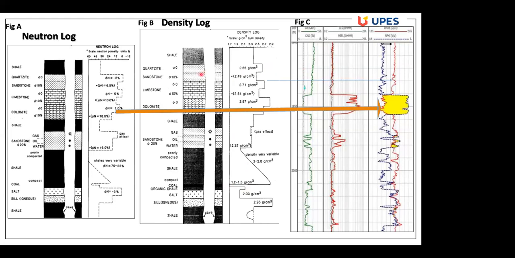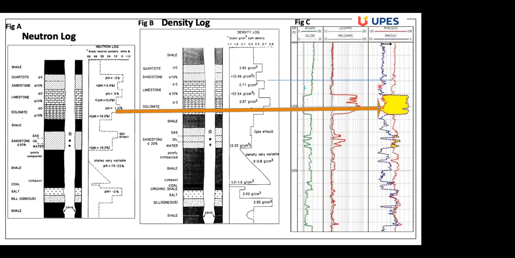Integrating all these logs, with gamma you can identify lithology, and with resistivity you can identify the resistive formation. If it is hydrocarbon, it will show high resistivity. Then using density and neutron porosity, you have to find out where the high porosity zone is in that particular reservoir and where the low density zone is.